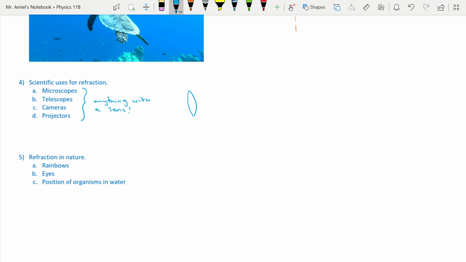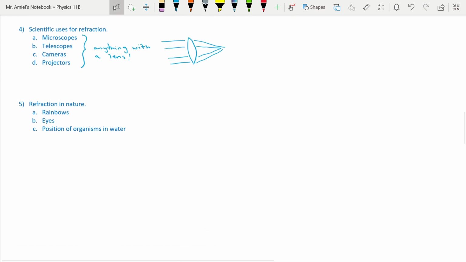If we have a convex lens and we have light coming towards it, we know that that is going to bend the light, and we're going to get some refraction.